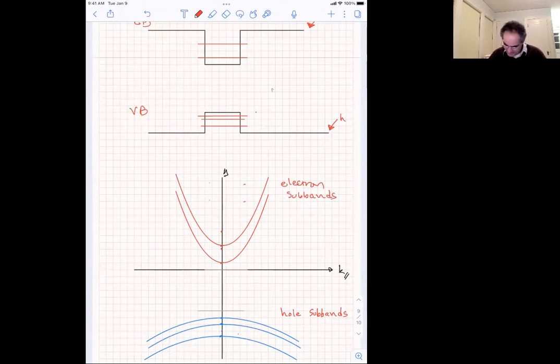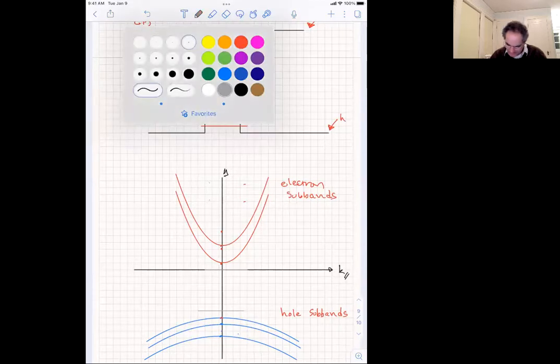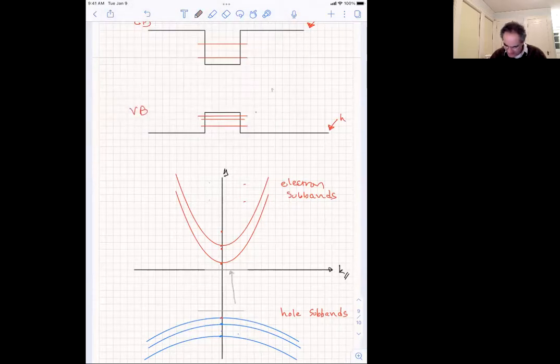And something else to notice is that the separation between the minimum energy of the electron subbands and the maximum energy of the hole subbands is generally larger than the band gap due to the confinement energy in each of the bands due to the confining potential.